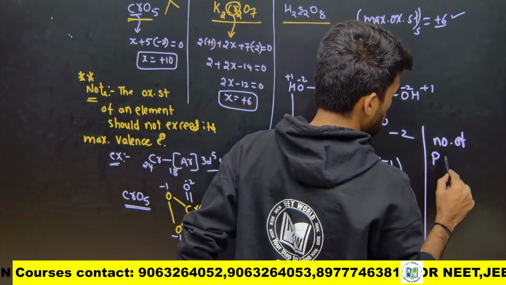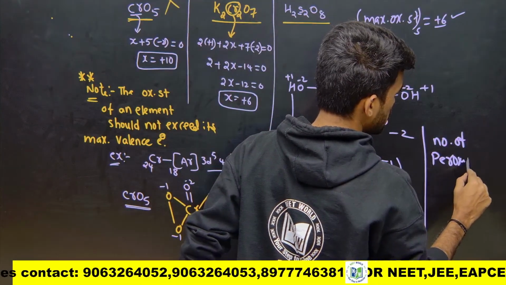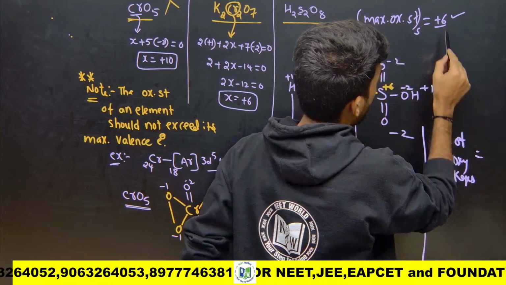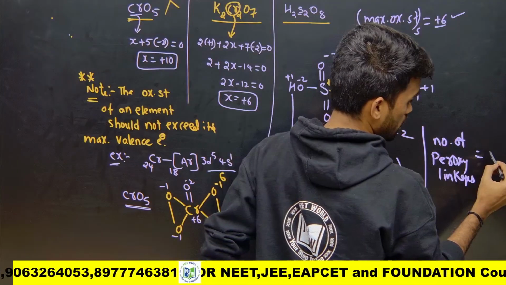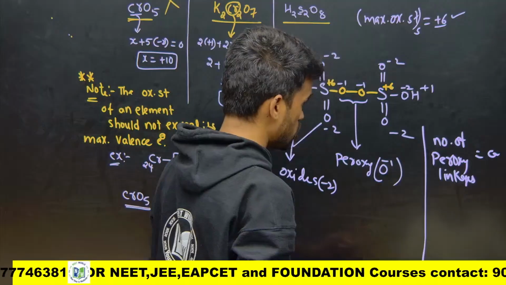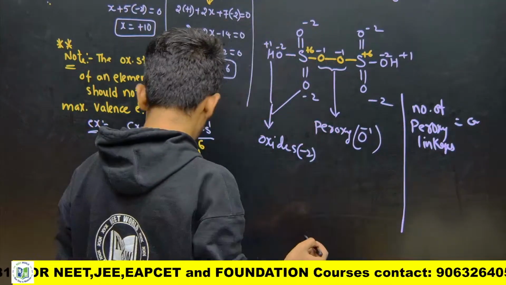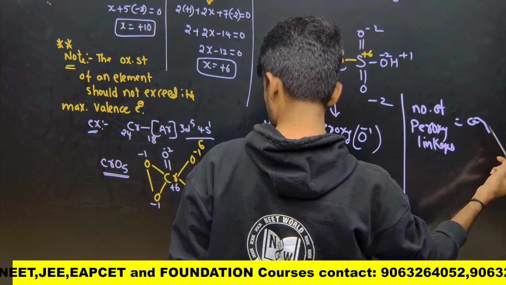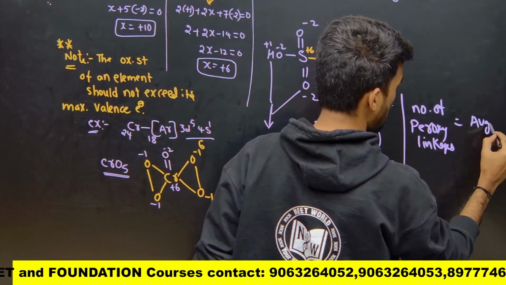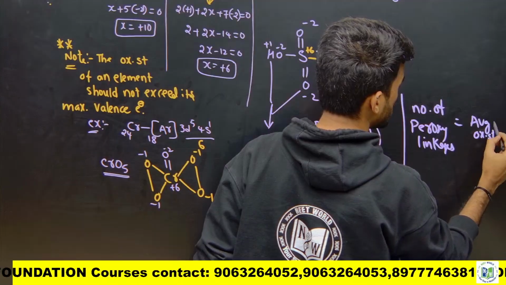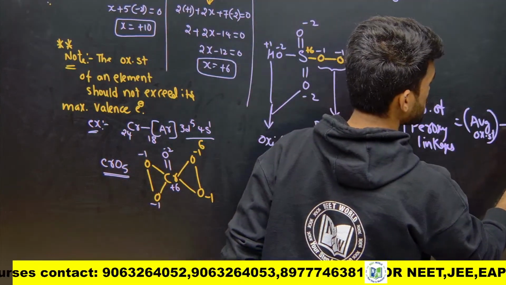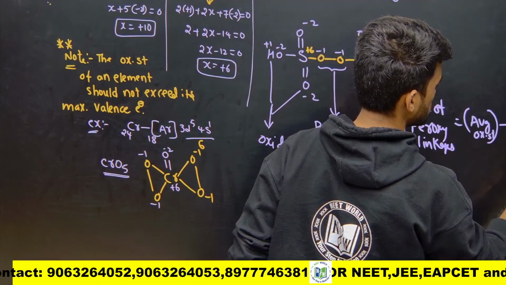The number of peroxy linkages is equal to the calculated oxidation state, meaning the average oxidation state you got using the formula, minus the maximum oxidation state.